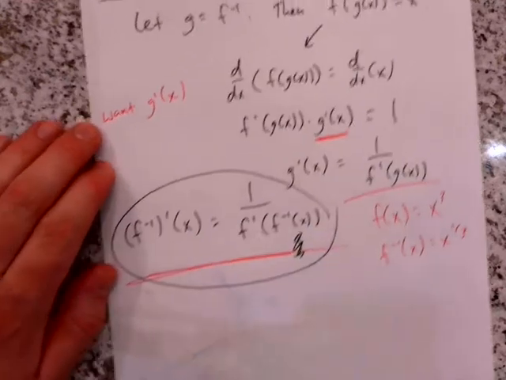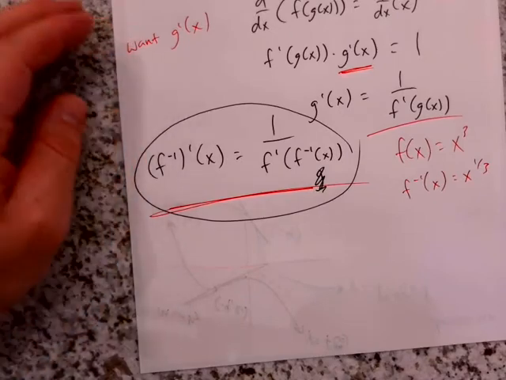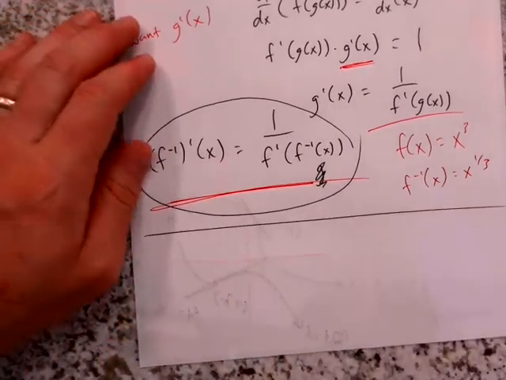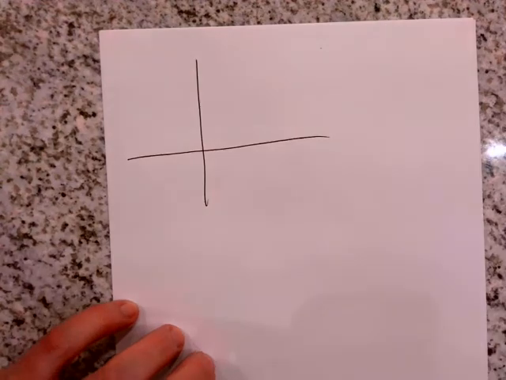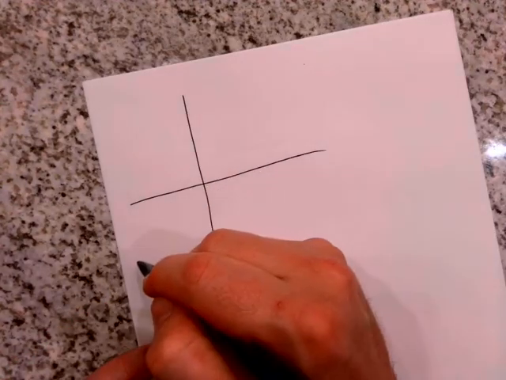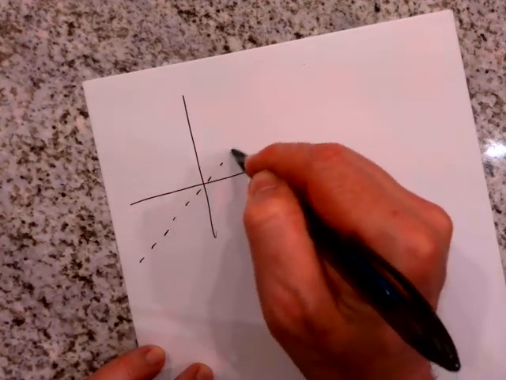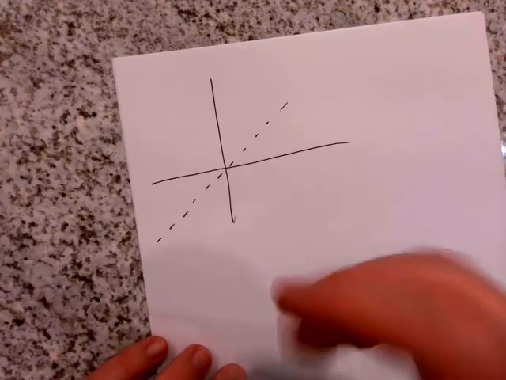For example, here's kind of the more common sense way to look at this. If I use the graph that I had on the previous clip, or something just like it, we had a function and its inverse graphed.